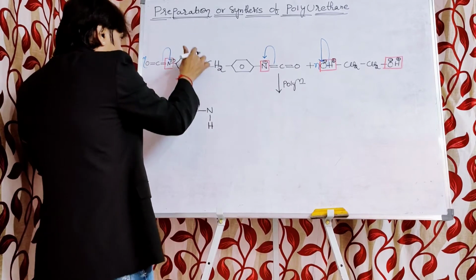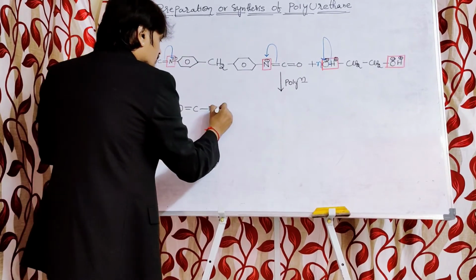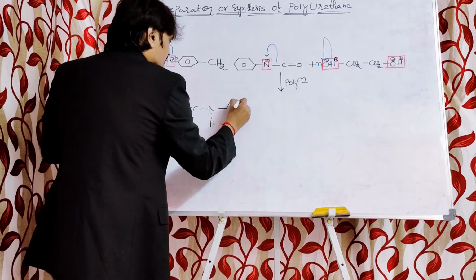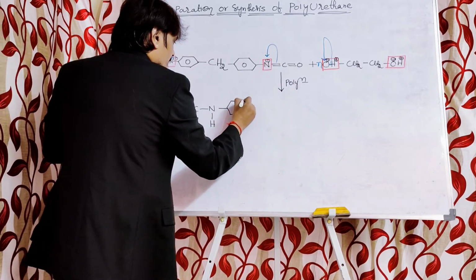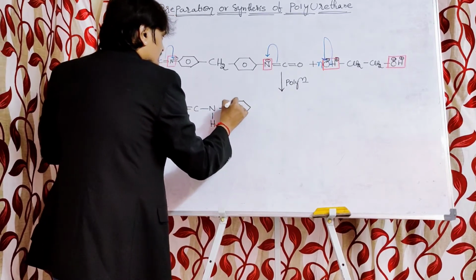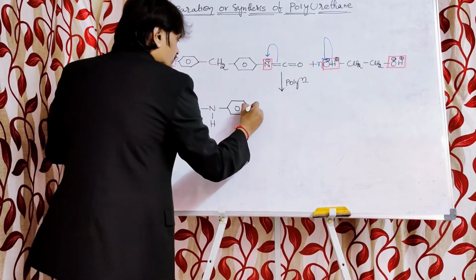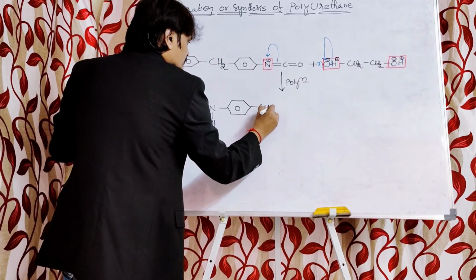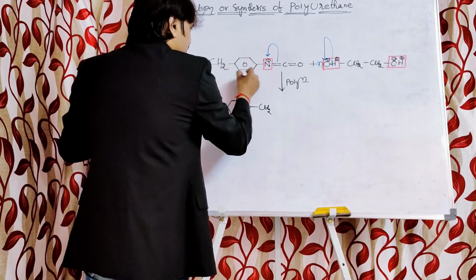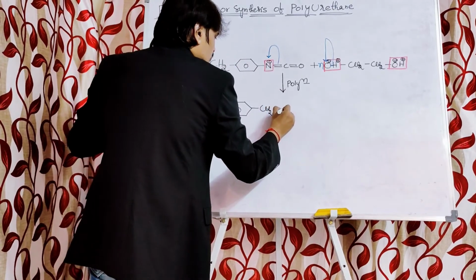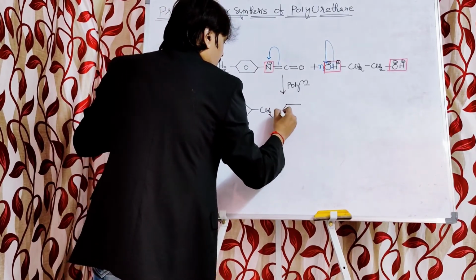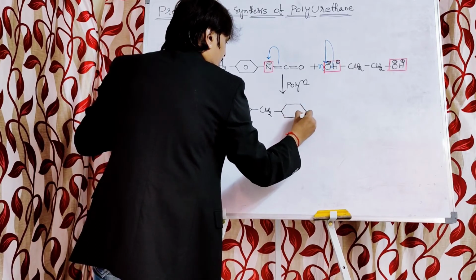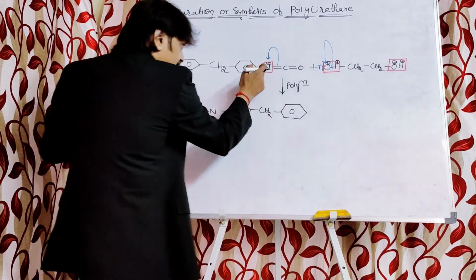Next, is there any moiety in this phenyl group? There is no change in the phenyl moiety. Is there any change here? CH2? There is no change at CH2. Is there any change at the phenyl moiety? There is no change in the phenyl moiety. Is there any change here?